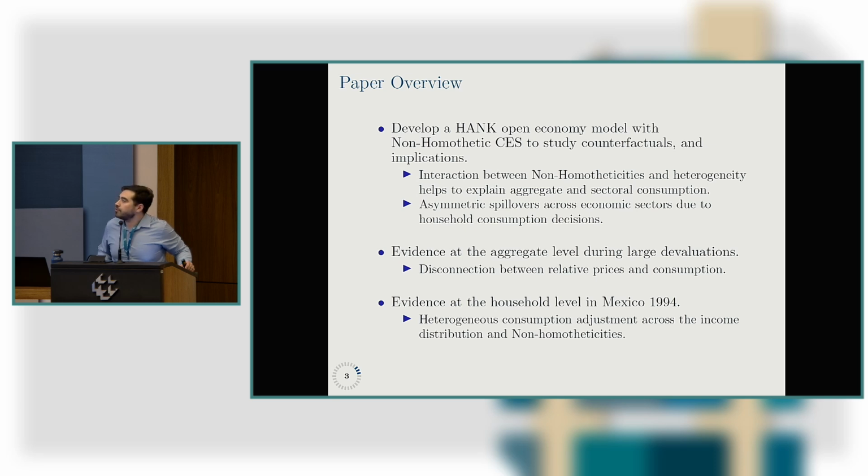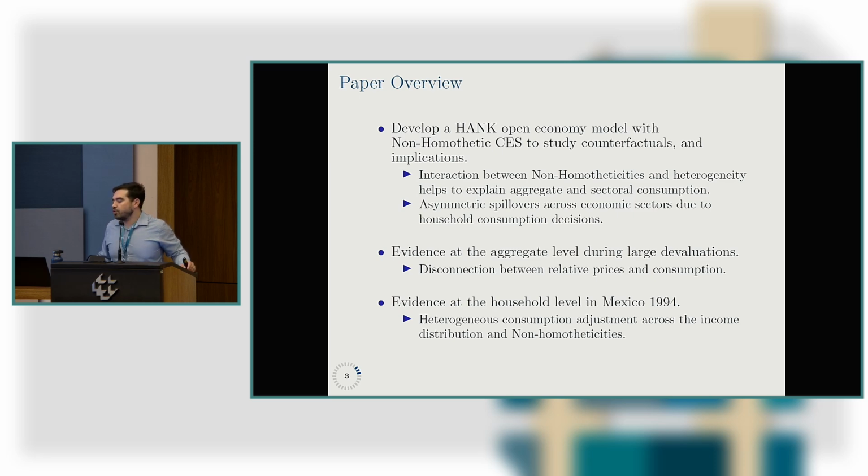The second important result is that there are asymmetric spillovers across sectors when there is a sectoral shock. When we have a large exchange rate devaluation, a change in relative prices, the crisis propagates in an asymmetric wave to the non-tradable sector. And the impact will be higher when the crisis starts in the tradable sector.